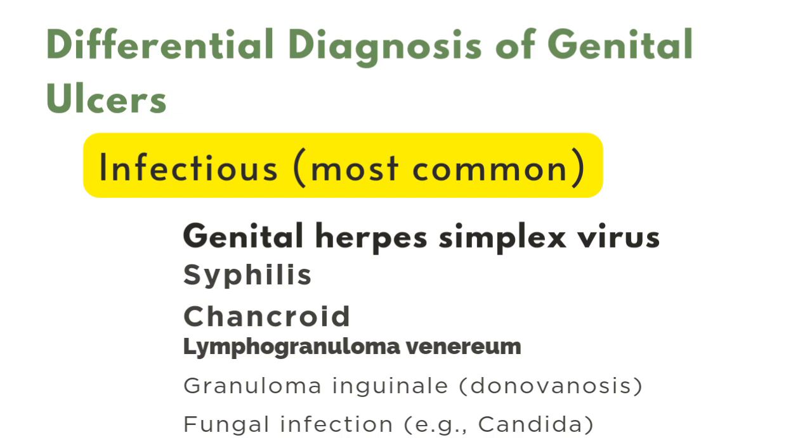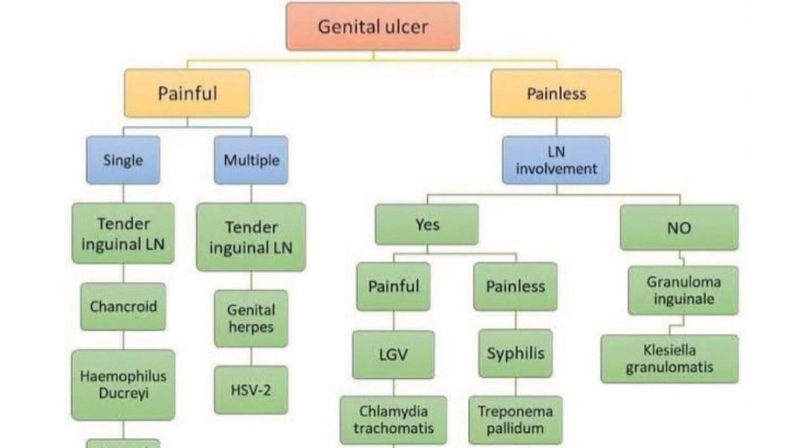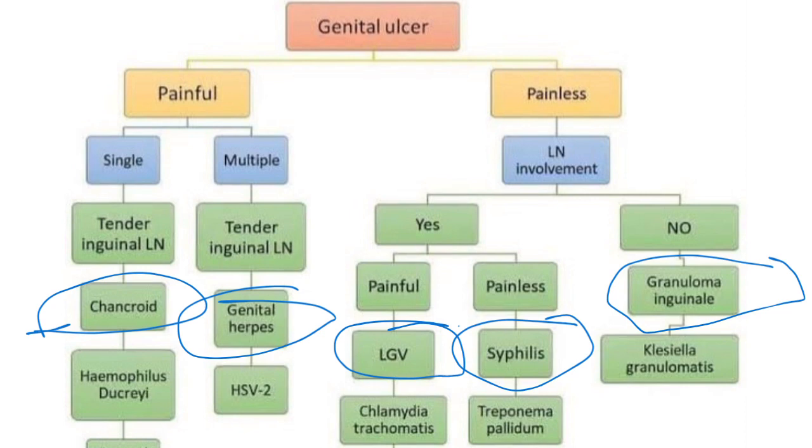So let's see. So guys, look at this diagram. Here some of the most important infectious agents that cause genital ulcers are described, and how we can easily diagnose through different clinical features.